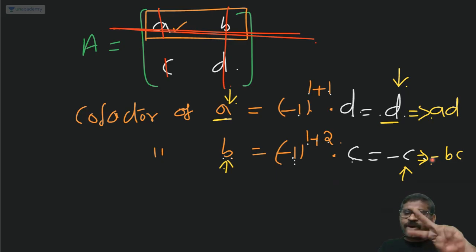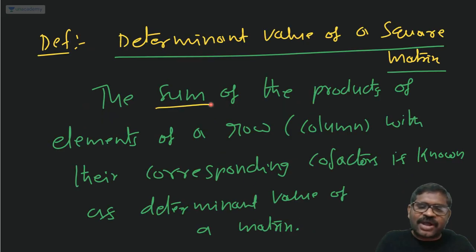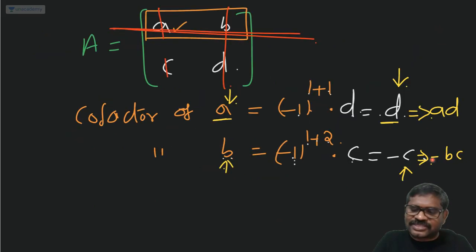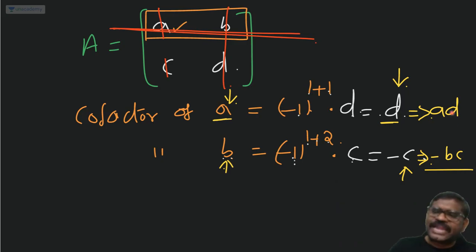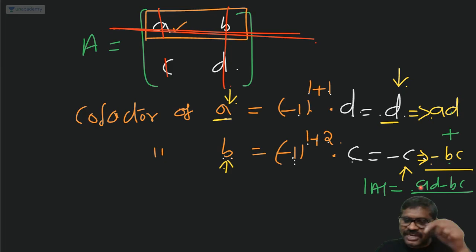Sum of the products is called determinant, AD minus BC. That is called det A. That's why it is AD minus BC. Understood?